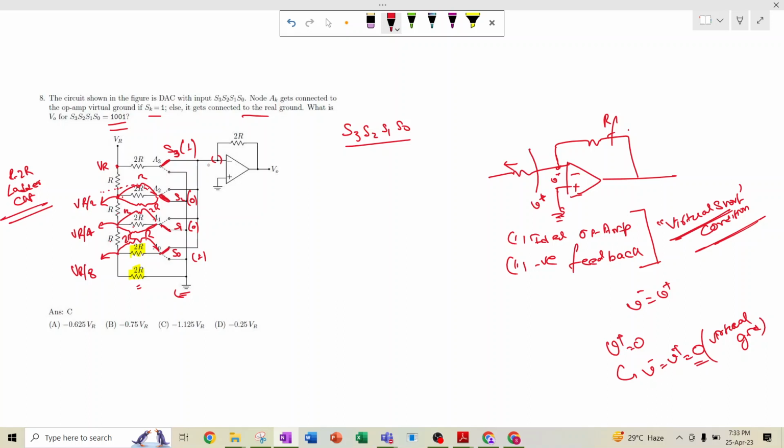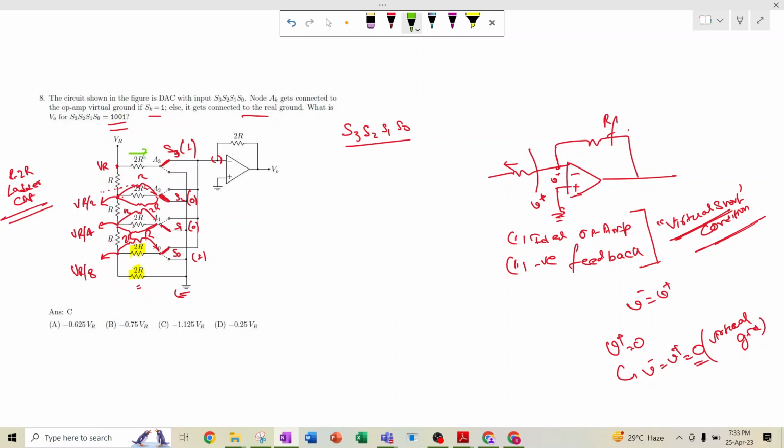Now see, which is connected to the virtual ground of the op amp? This S3, that means this VR is connected via a 2R path, and this VR by 8 is connected via a 2R path. This S0 is connected to the virtual short. So what is the current flowing through this?